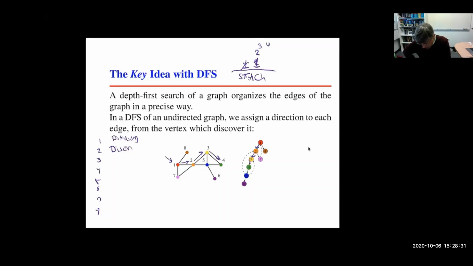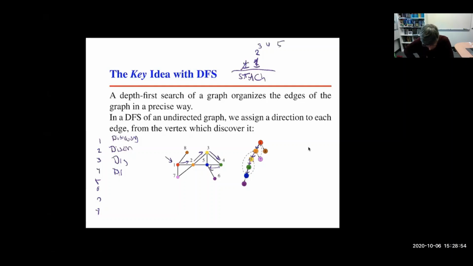That's great. More discovery. This has been discovered. This has been discovered. From 4, I look at my neighbors. 3, well, 3's already been discovered, so I don't care about it. 4, 5, well, 5 is a newly discovered vertex. Bingo. I'm now on 5.